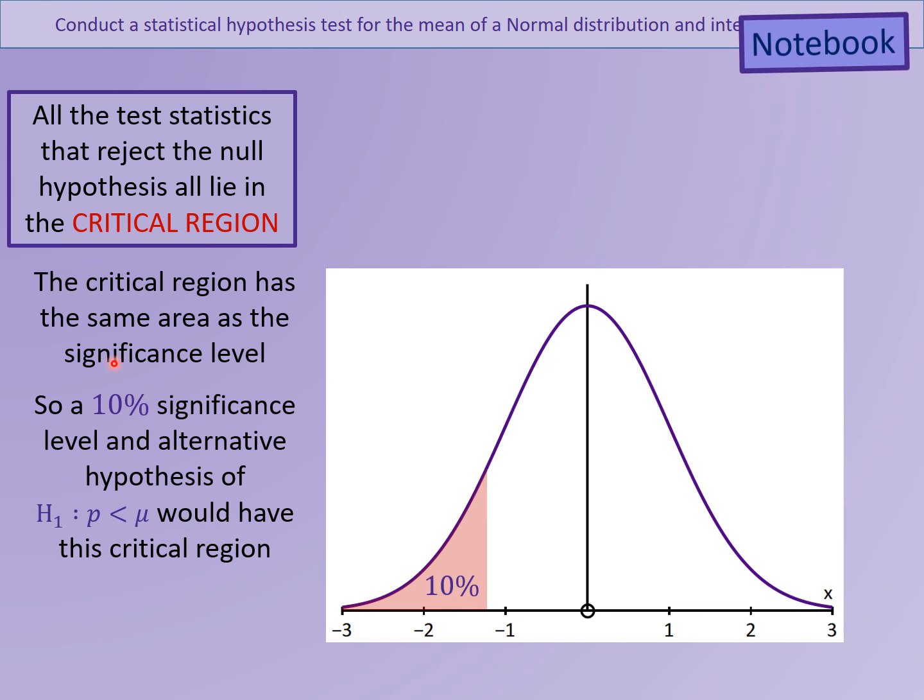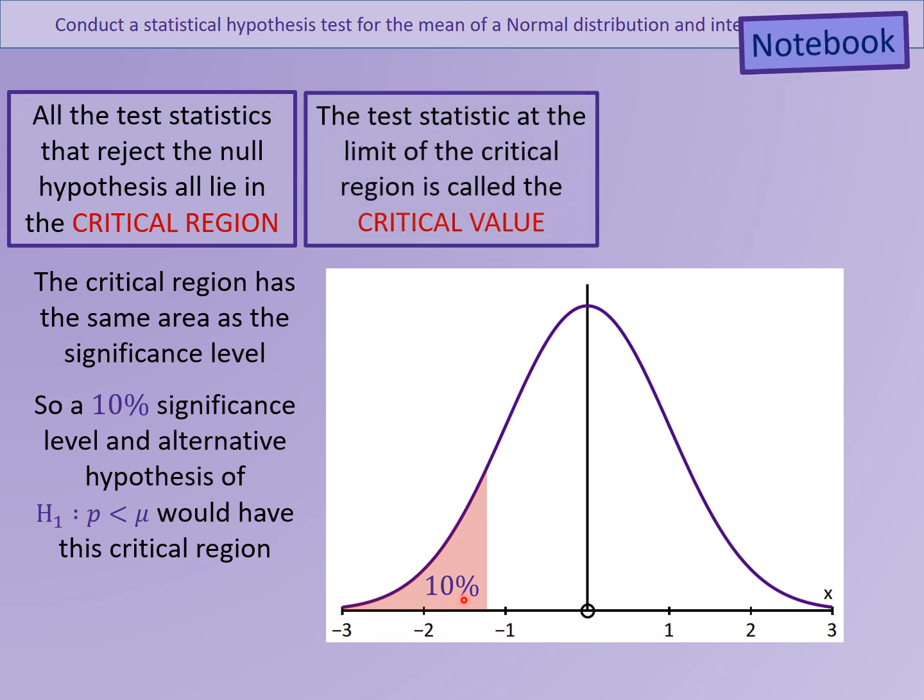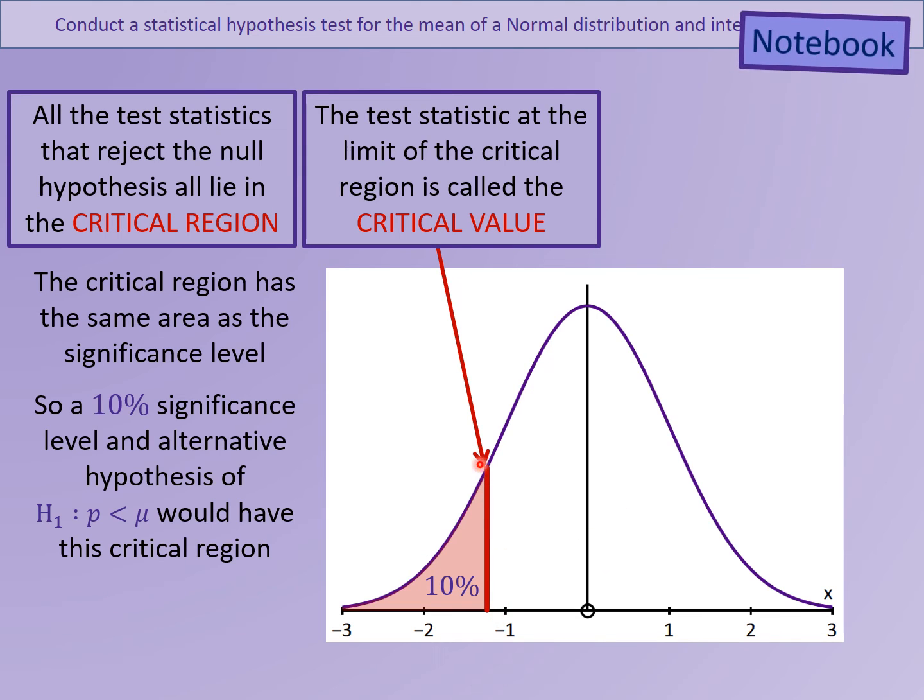So for example, if I had a 10% significance level, that would be 10% of the graph. I could also say that the probability of it being below mu, below the mean, would be the critical region.